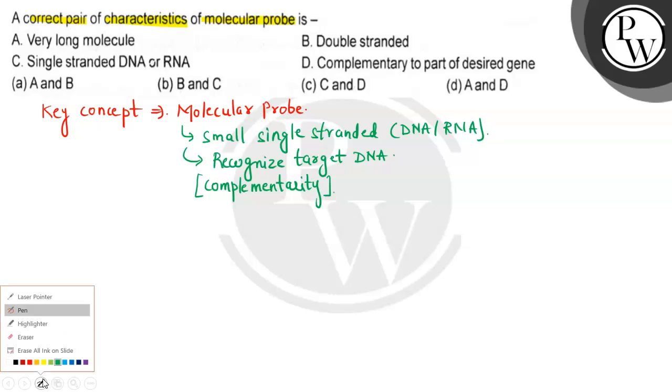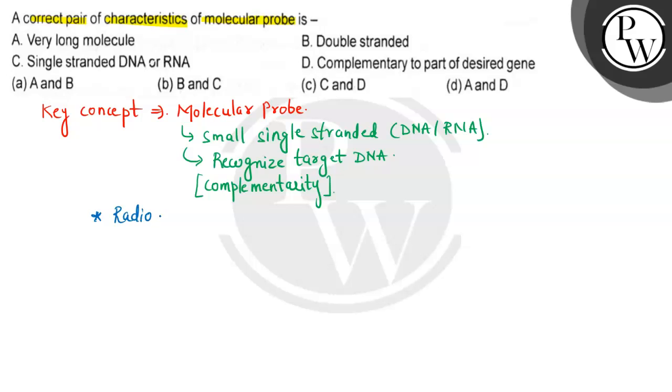Okay, so how we get to know कि हमें specific हमारा sequence मिल गया. So what we are doing, we are basically labeling this molecular probe with the help of radioactive substance. तो इनको हम radioactively label कर देते हैं ताकि the portion where this molecular probe will bind to the target gene, at that point we get some signaling, or either we can get the radioactivity.